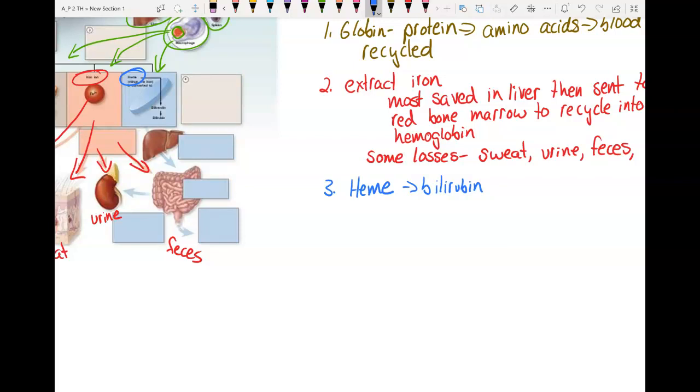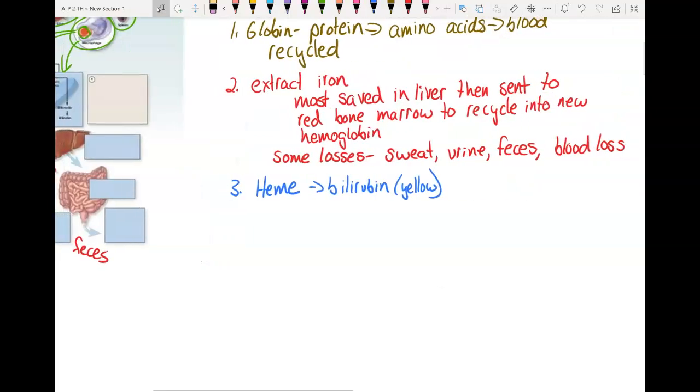Jaundice is a disorder where you get too much bilirubin building up in your blood. So it's converted to bilirubin, which is yellow. That's why jaundice makes you turn yellow. And this is put into your blood. So you have bilirubin flowing around in your blood.